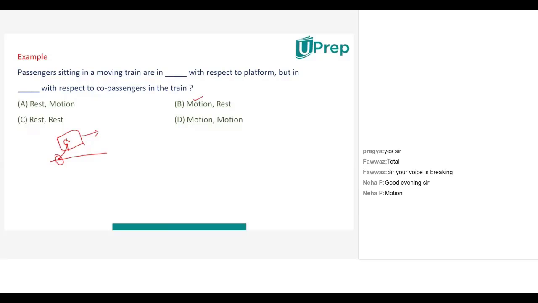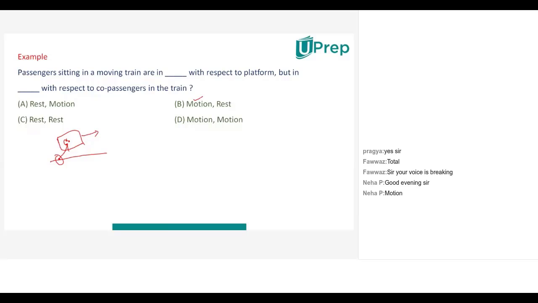Sir, the co-passenger is inside the train only and looking at the platform. According to the co-passenger, it will be in motion because we are sitting in the train, and according to us, we are in rest, but the station or the platform will be in motion.